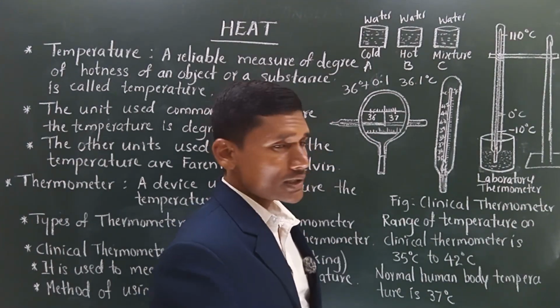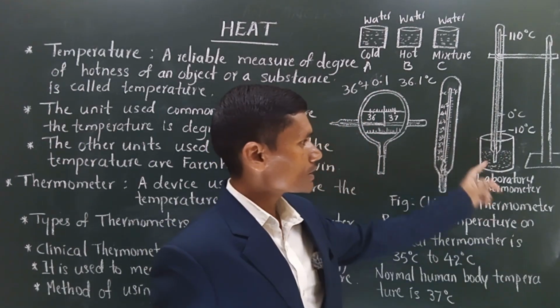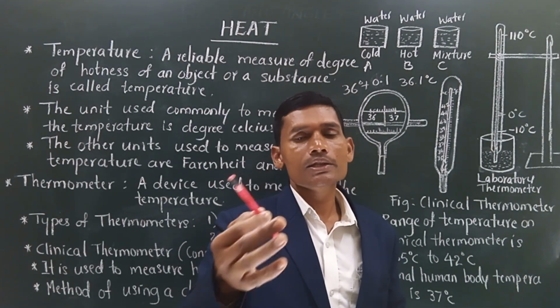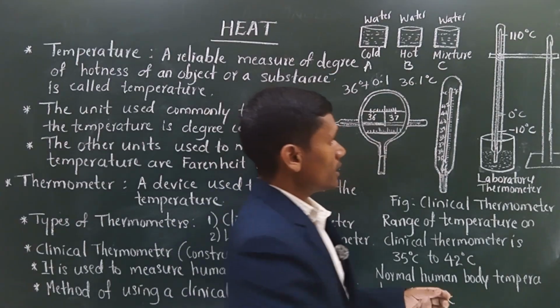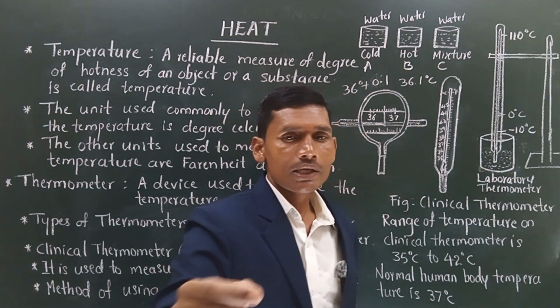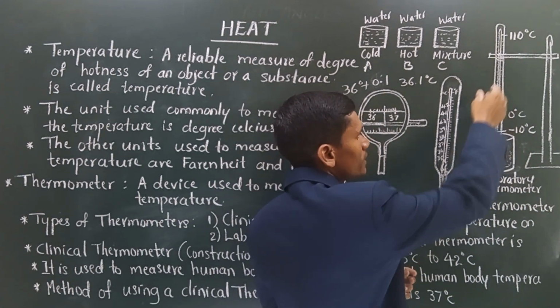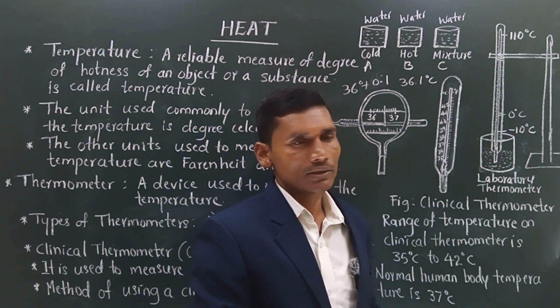Next, unlike a clinical thermometer, you cannot use it by just taking it up and reading the temperature. It is not possible in the case of a laboratory thermometer, because this thermometer does not contain any kink inside. Okay, so as soon as you remove it out of the substance, immediately that mercury falls back to the bulb.